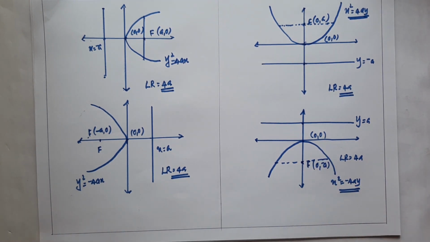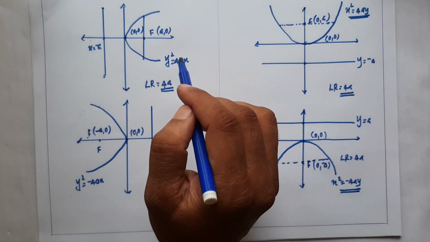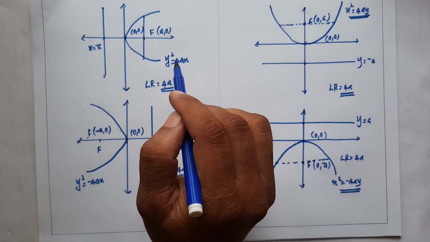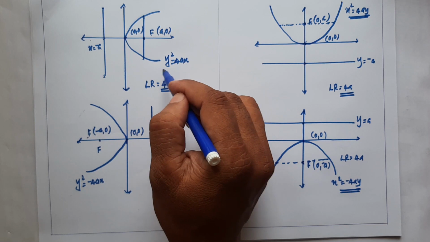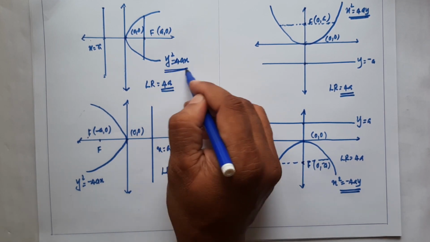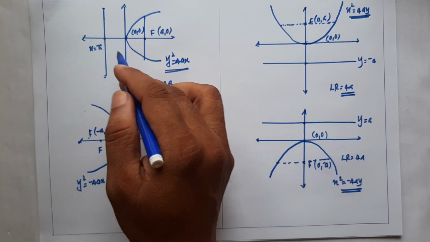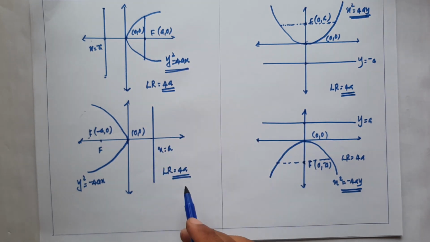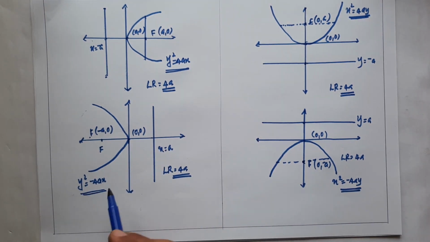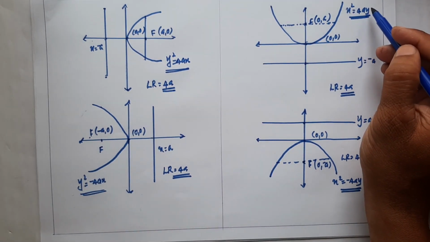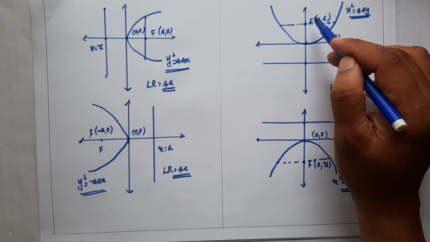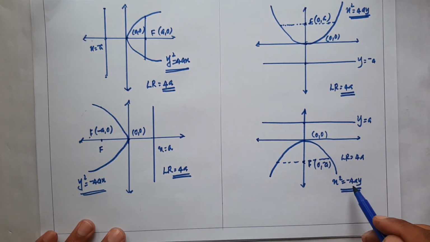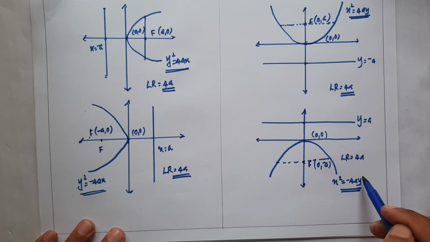The simple way: in the equation of the parabola, the variable whose power is 1, the parabola is symmetric about that axis. In y square equal to 4x, the x variable has power 1, so the given parabola is symmetric about the x-axis. Y square equal to minus 4x, x has power 1, so it is symmetric about the x-axis. x square equal to 4ay, y power is 1, so it is symmetric about the y-axis. And x square equal to minus 4ay is symmetric about the y-axis because y has power 1.